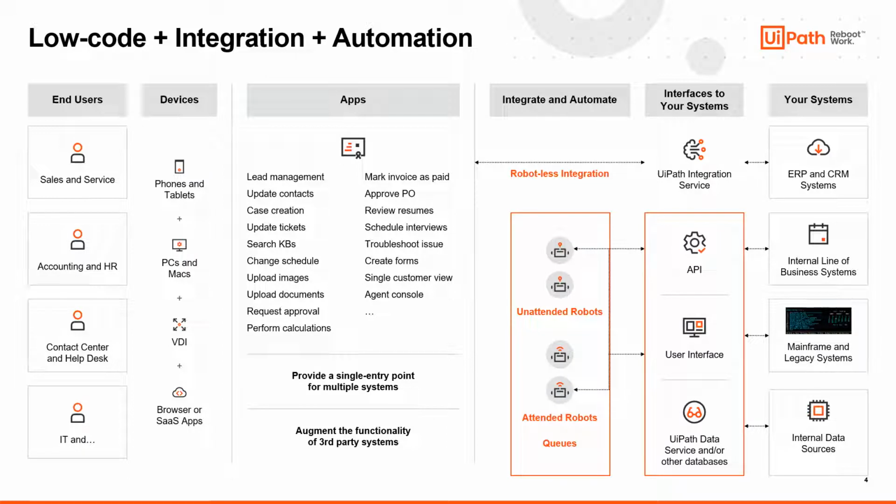It will have the integration services like the API or the user interface, and then you can get the data from the ERP or CRM systems and business systems or the mainframe or the legacy systems, and also from the internal data sources. We have out of the box solutions or pre-built APIs for the majority of the systems, and also you can build your own integrations to get the data from any of these systems, right?